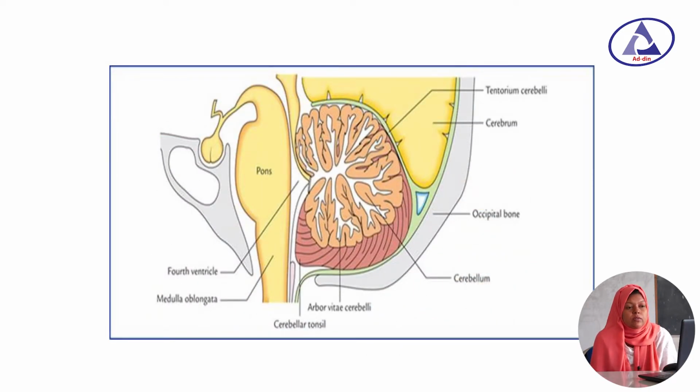There is a picture where we see the tentorium cerebelli, cerebellum, arbor vitae cerebelli, later we describe about it, and the pons and medulla oblongata. In between pons, medulla and cerebellum there is a cavity called fourth ventricle and it lies in the hindbrain. It lies in the posterior cranial fossa just in front of the occipital bone.